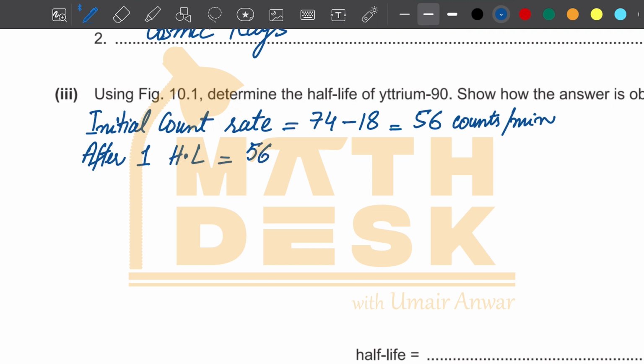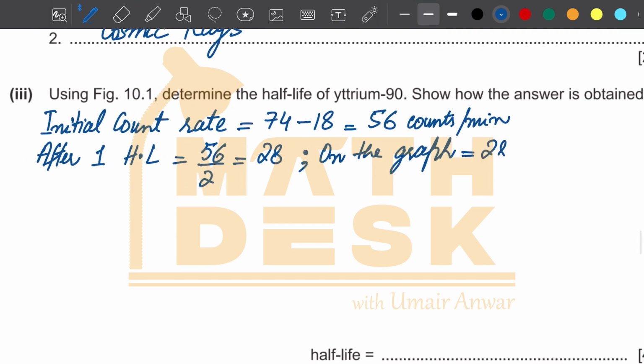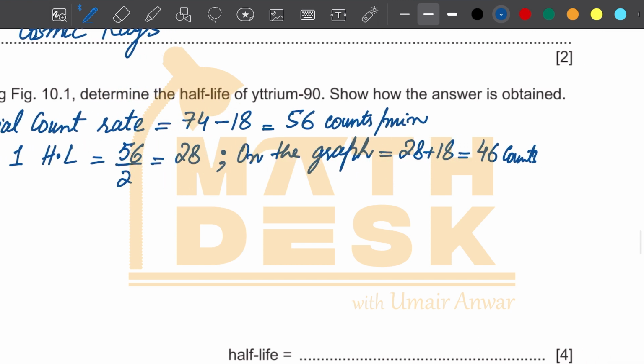So after the first half-life it would become 28, while on the graph, since the average background count rate would be added to this value, it would be equal to 46 counts per minute.